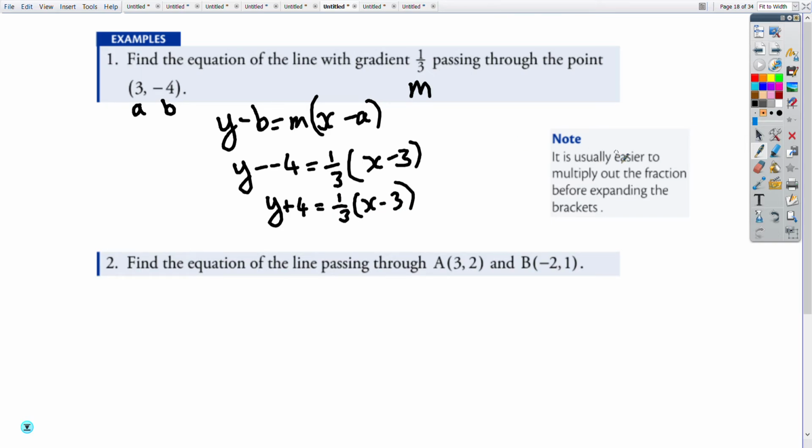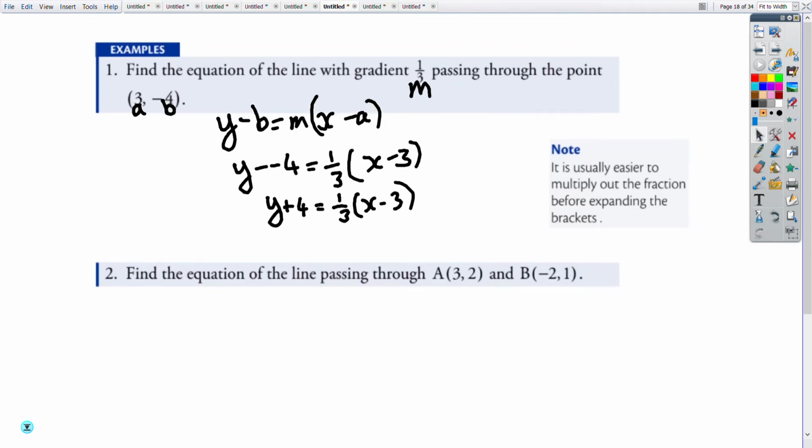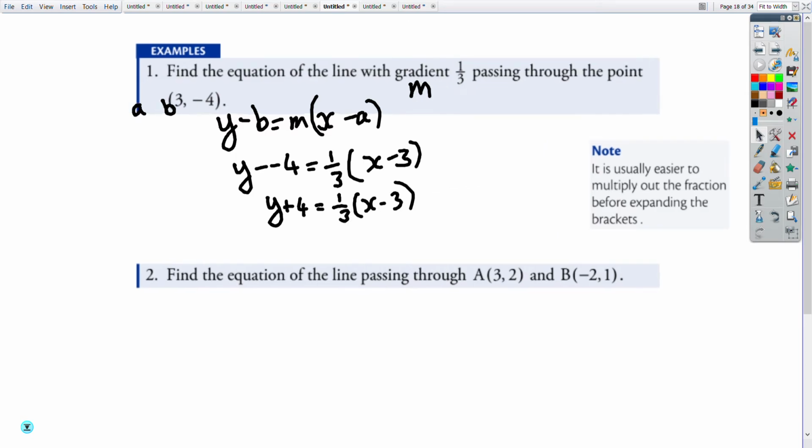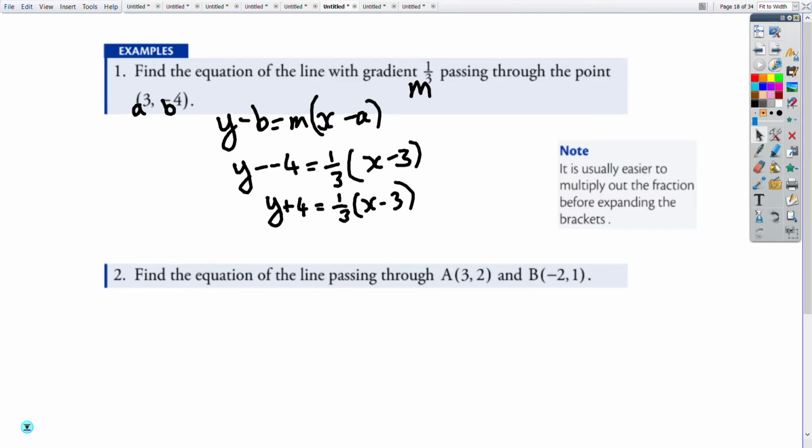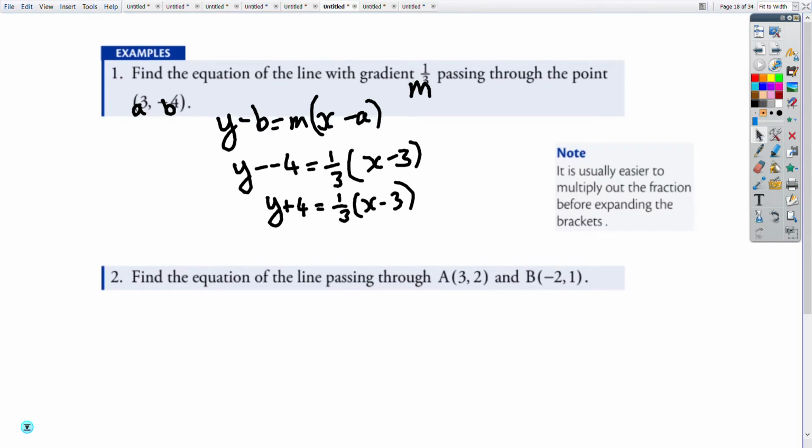Now it says here in the note, it's usually easier to multiply out the fraction before expanding the brackets. Now what that means is, rather than multiplying this bracket by a third, we're going to multiply everything by 3.